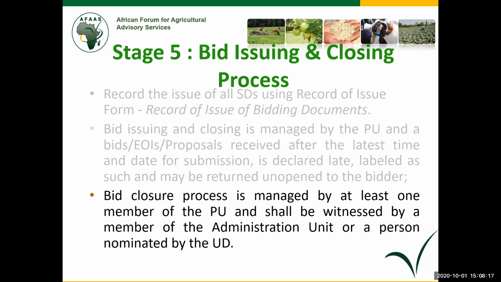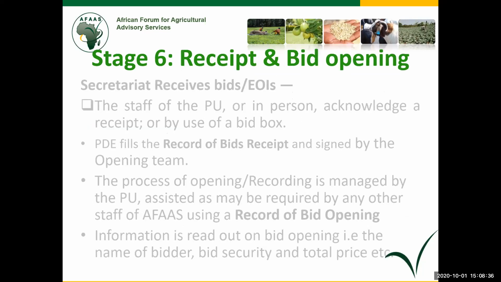You see the principles we talked about. If you do things alone, nobody will trust that you are doing the right thing. But with more than one brain, we can see elements of transparency. We can see elements of fairness. Receipt and bid opening.